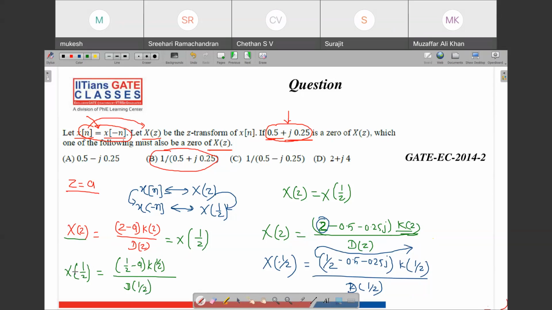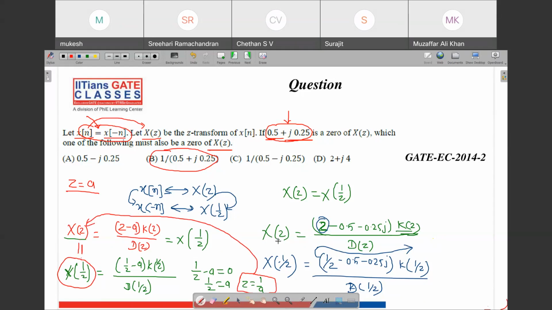Now to find the zero of this X of 1 by z, you take the numerator and equate it to zero. In the numerator we have 1 by z minus a, and I equate it to zero. So I get 1 by z is equal to a, or z is equal to 1 by a. This is the zero of X of 1 by z, and since X of z and X of 1 by z are the same, this zero should also be the zero of X of z.